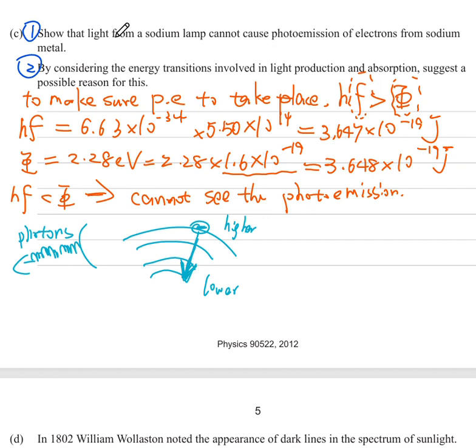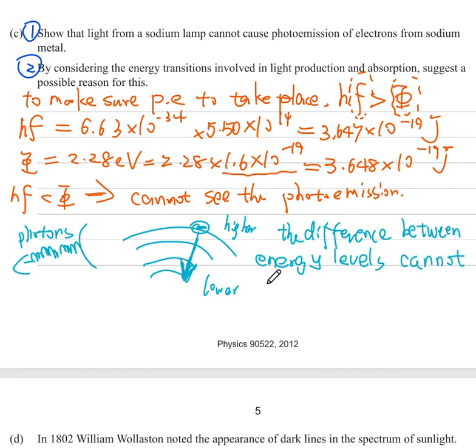Now, since we know the result is that a sodium lamp cannot cause photo emission, it means that the difference between the energy levels cannot overcome the work function of sodium metal either.